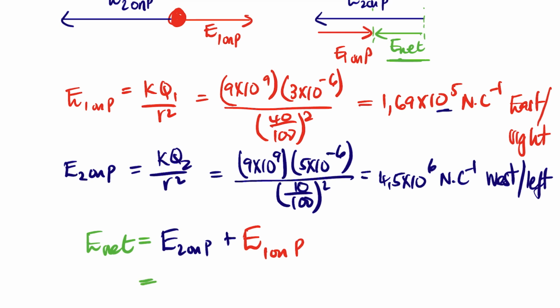So the E2 is going to the left and west. It's very important. So that value is negative 4.5 times 10 to the power negative 6, and we can put the negative there.